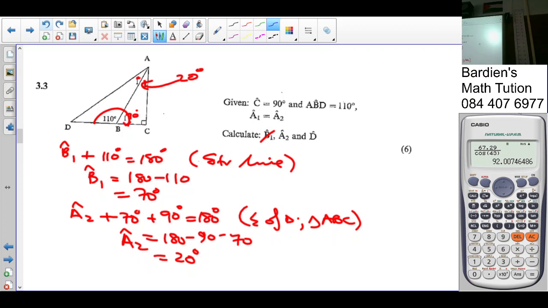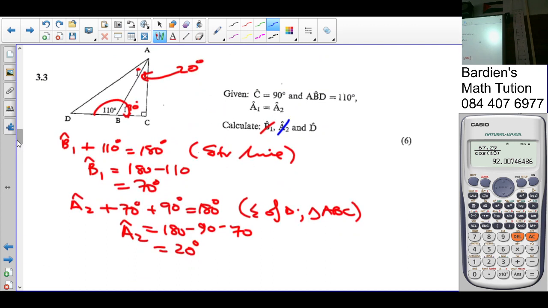So how are we going to calculate angle D? Sum of angles of a triangle, absolutely. What are we missing? Angle A1. Remember, it's going to be 90 plus angle D plus this whole angle here. A1 is equal to? It's given equal. Does it make sense, people?